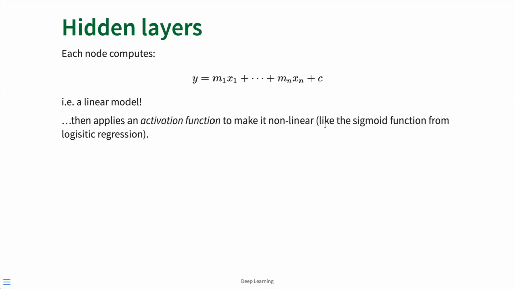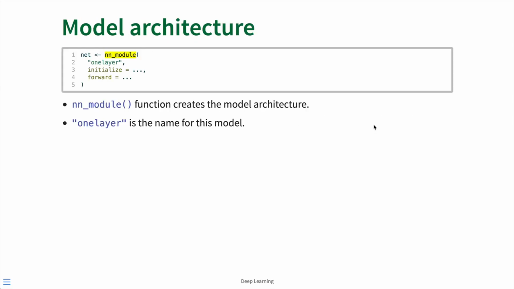One example of a function you could use would be the sigmoid function, which is the same function we've used in logistic regression, which converts linear model predictions to a number between 0 and 1. So we have to define how many of these hidden layers we want in our model, and we also have to define what type of nonlinear activation function we want after each of these layers.